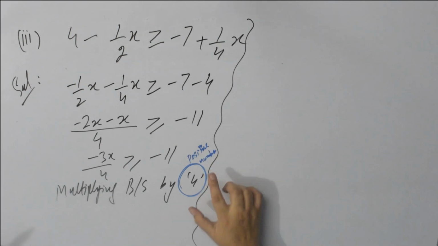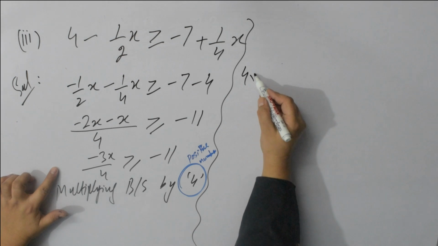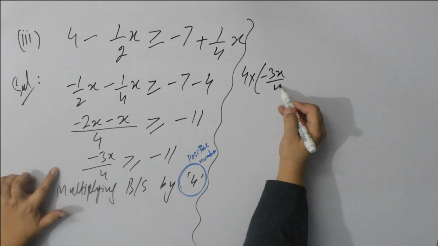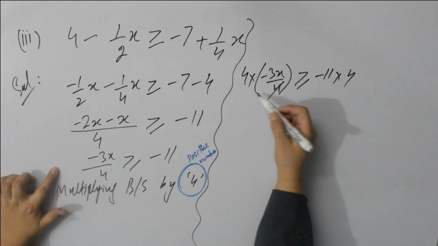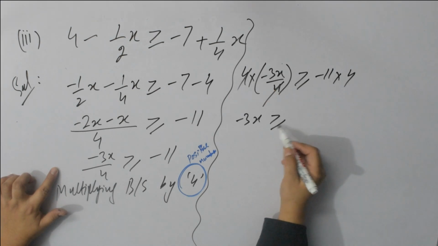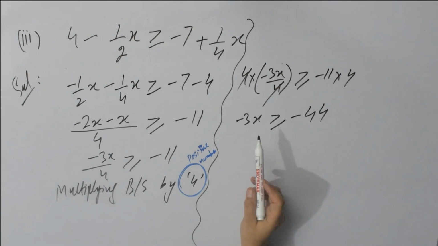That is why this inequality sign will not change. So 4 into -3x by 4 is greater than or equal to -11 into 4. 4 cancels with 4, and -44.